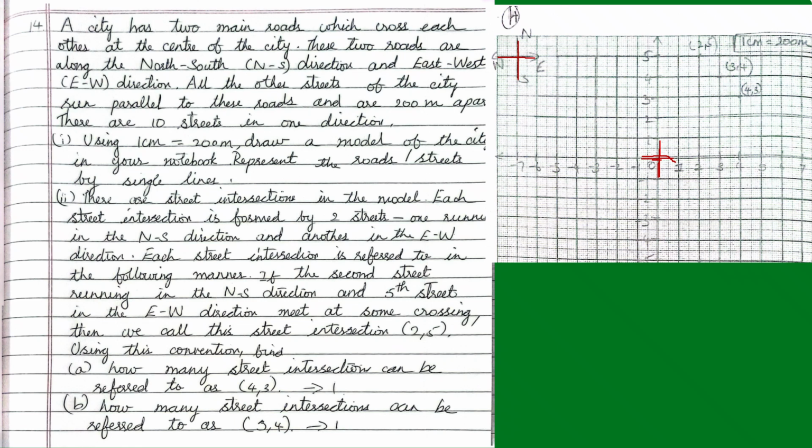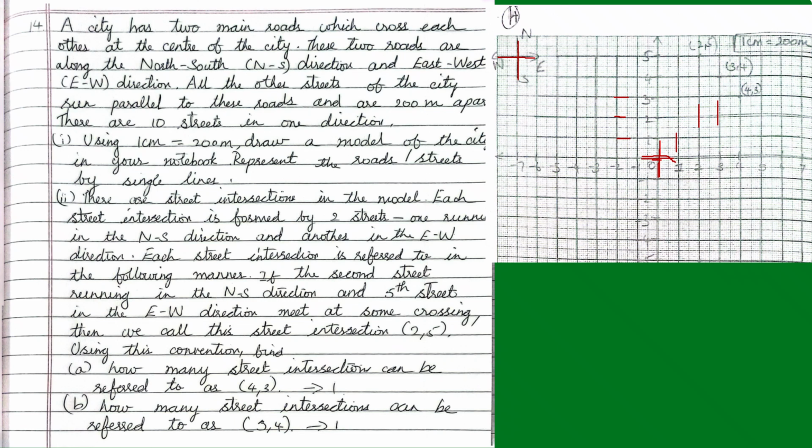The next information is that all the other streets of the city run parallel to these roads and are 200 meters apart. So every street in the city is parallel to either the main road along the east-west or the main road along the north-south direction. Each one of these is a street or a road running along the city.